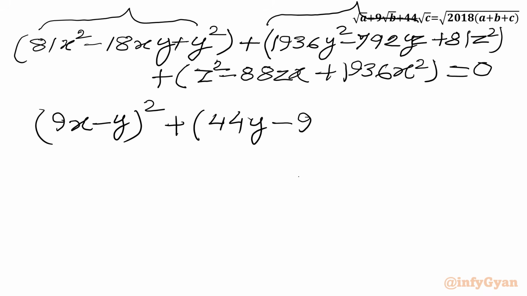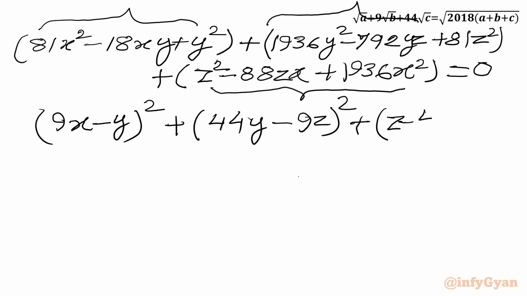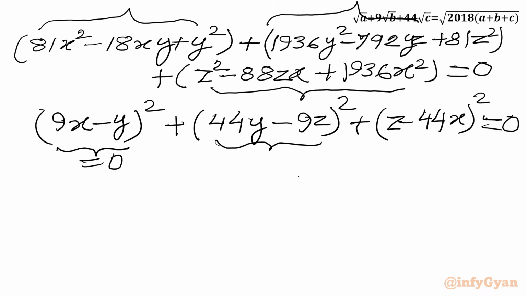And from the third bracket we can write (z minus 44x) whole square equal to 0. Now we have all the real numbers a, b, c, x, y, z as positive real numbers, so we'll say a sum of squares equal to 0. This is possible only if each bracket equals 0.